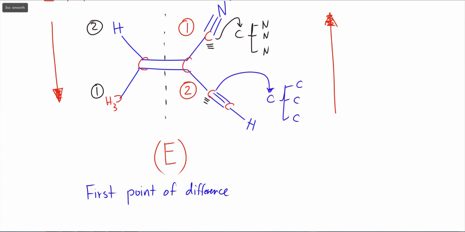So as I said, it works the same as you did with the absolute configuration of R and S when determining the point of differences. Okay?